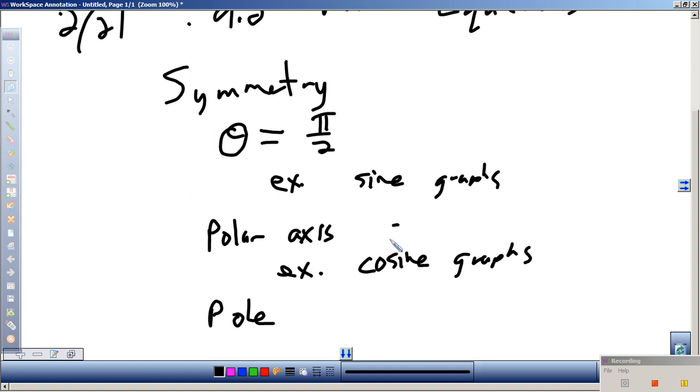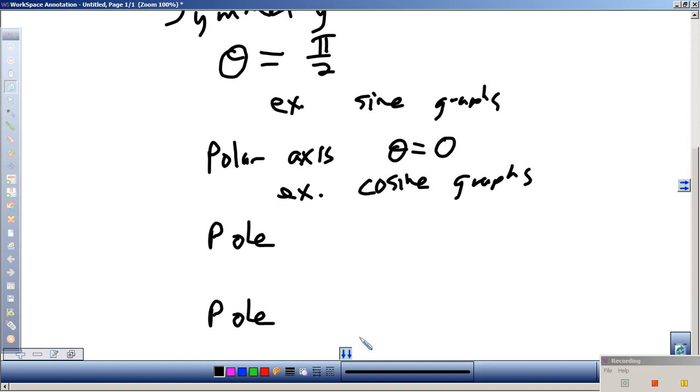So this would be theta equals 0. The pole is just like what we called origin symmetry in rectangular. Something that has pole symmetry is, for example, a squared sine of 2 theta.